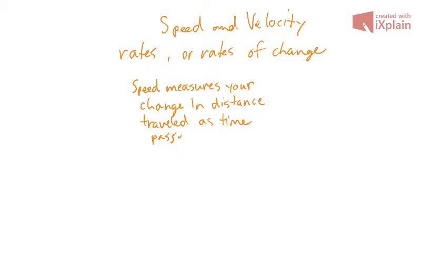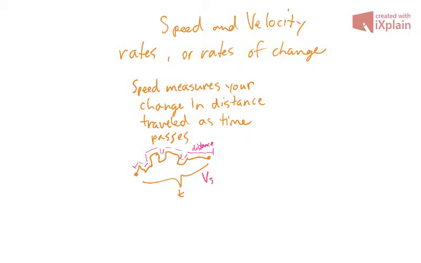All right, so if you start a timer here and then you start walking and you go and then you stop, however much time that took, and however much distance this was, that would allow you to find this rate.